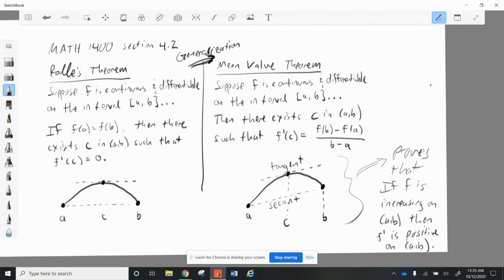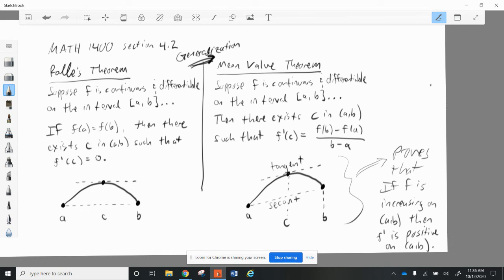This idea that positive derivative value corresponds to increasing function. But this mean value theorem is really the theorem that gives us the theoretical, the real rigorous proof of that.